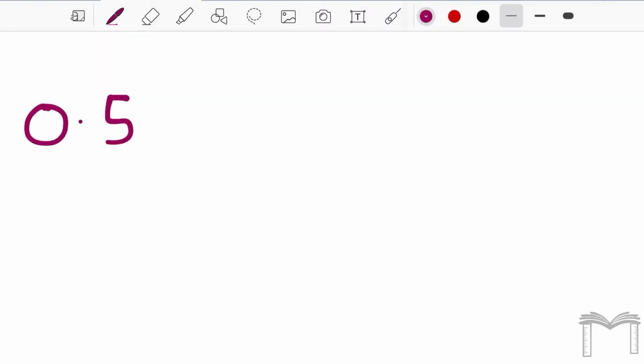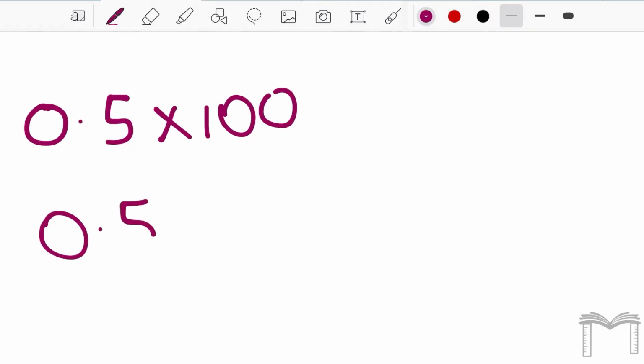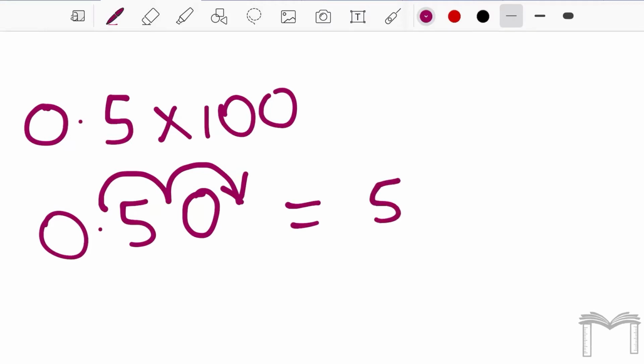It's much easier to make a decimal a percentage compared to a fraction. All we need to do is multiply by 100. This means we must move the decimal point 2 places to the right. Fill the empty places with a 0. So this is 50%.